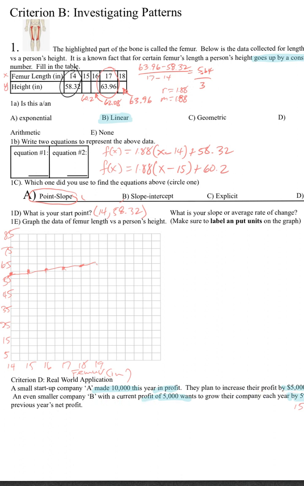Company B starts at 5,000. And they want to increase theirs by 15%. So I changed that 5% to 15%, so that it doesn't take forever to eventually get to where it's a better deal.